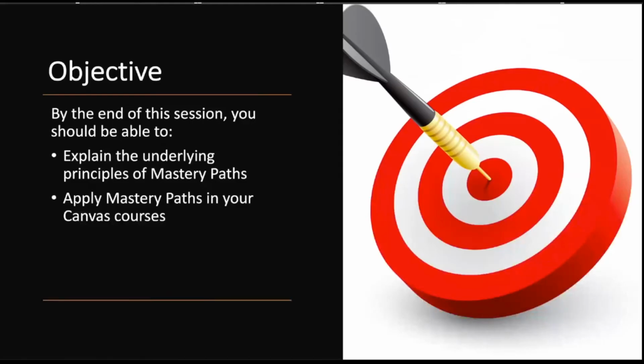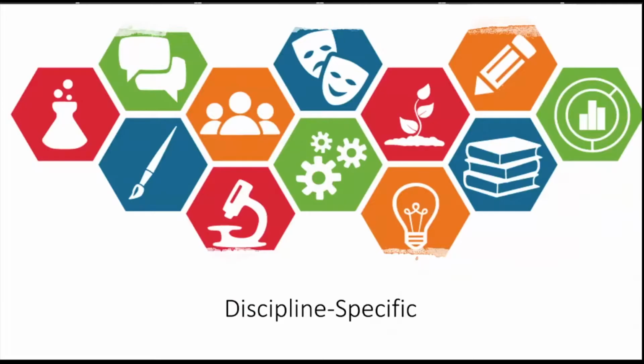So our objective for today is by the end of this session, you should be able to explain the underlying principles of mastery paths and apply those paths in your course. The application of the skills and concepts we're going to be learning during this presentation are really discipline and topic specific.